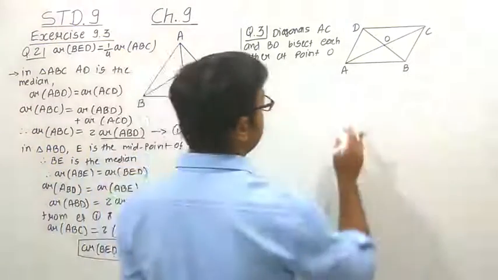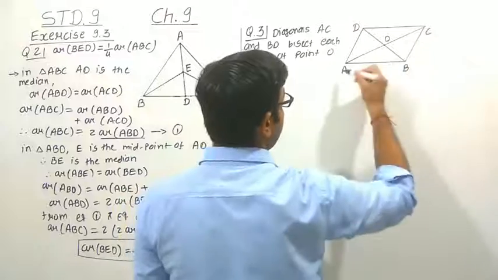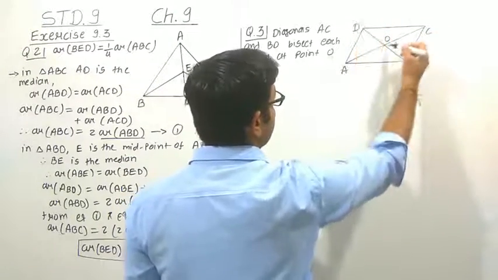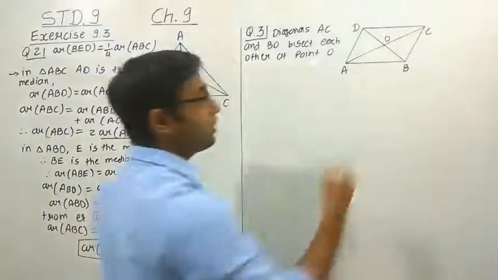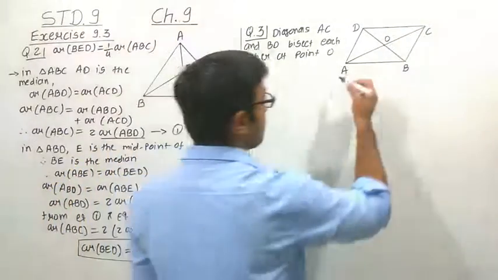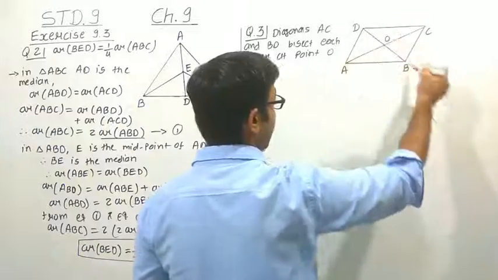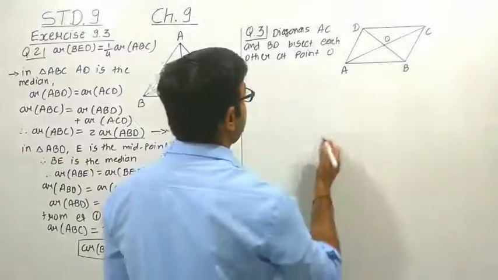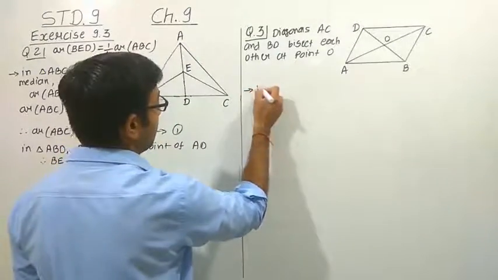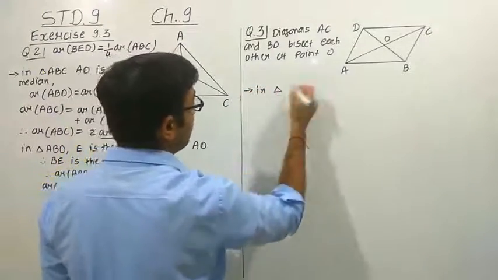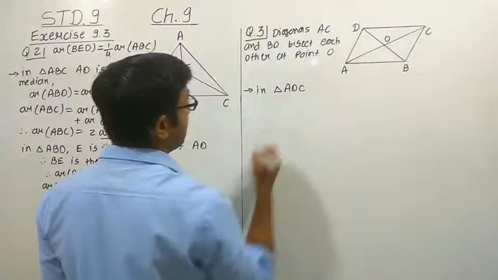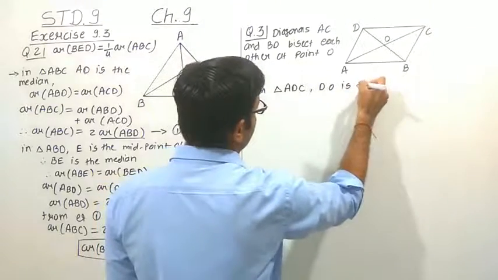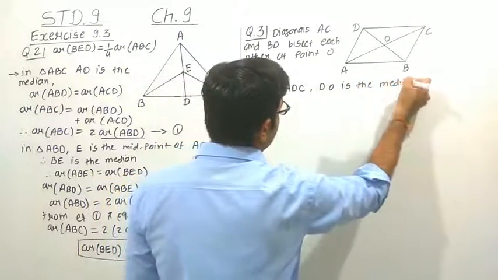So now first of all, consider the AC diagonal. If we consider this triangle ADC, then we can say that DO is the median, because AC is divided by this diagonal BD, and D, O, B, all the 3 points are collinear. So in triangle ADC, DO is the median.